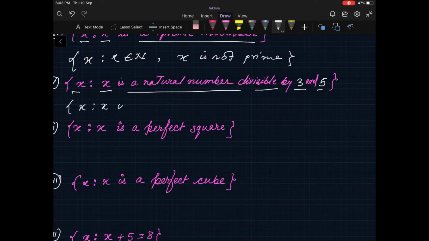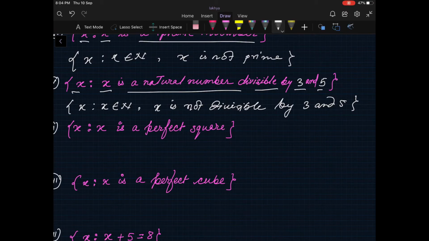So X such that X is a natural number, or instead of writing X is a natural number, you can write X belongs to capital N, which represents the set of all natural numbers, such that X is not divisible by 3 and 5.